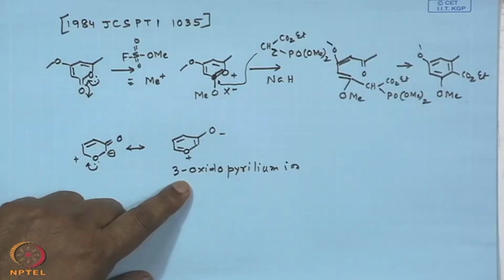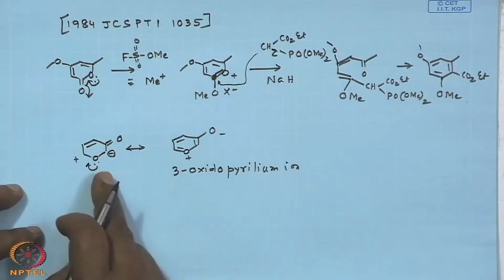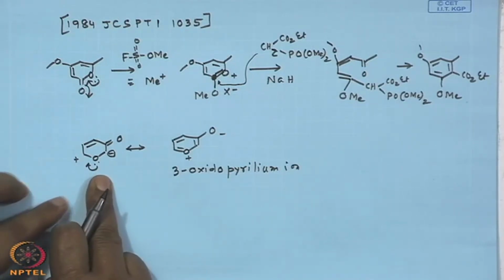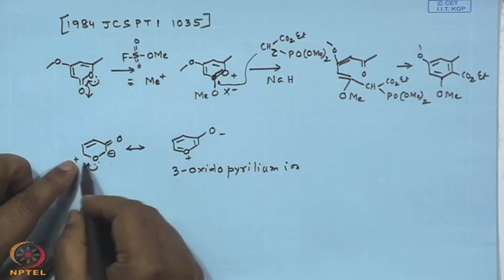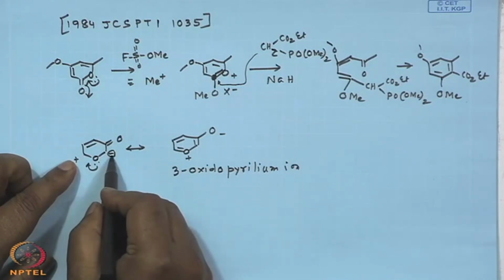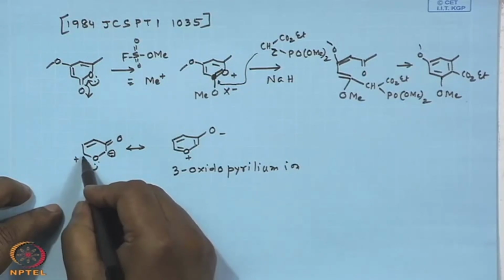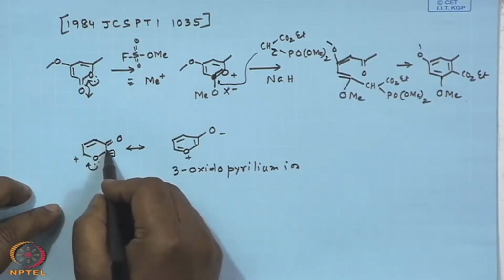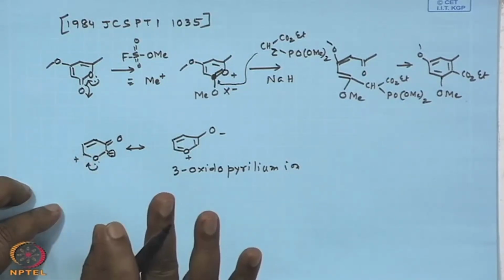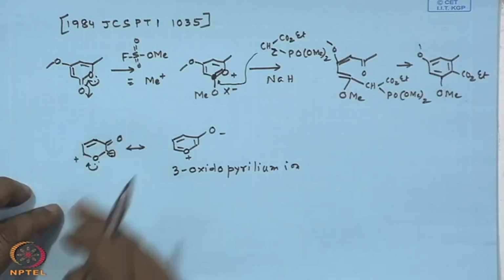So, that means these 3-oxidopyrrolium ions would serve as a dipole, and if you see the resonating structure on your left, it is basically a 1,3 kind of dipole, 1, 2, 3 dipole. But since it belongs to a 5-membered system, 1, 2, 3, 4, 5, neglecting the oxygen, this is called a 5 system.